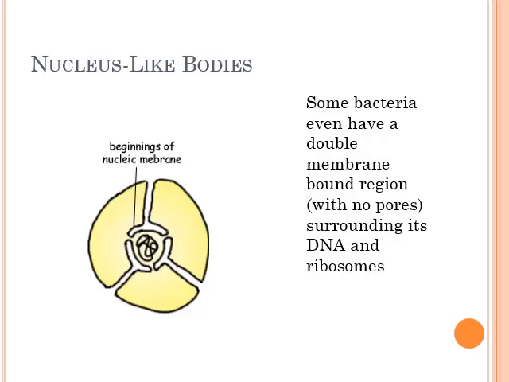And some bacteria can have these nucleus-like bodies. Basically, through invagination, you can create a double membrane-ish surrounding the nucleoid region. And this is kind of neat. If you look closely at this, you see invagination that creates a double membrane around the nuclear material.